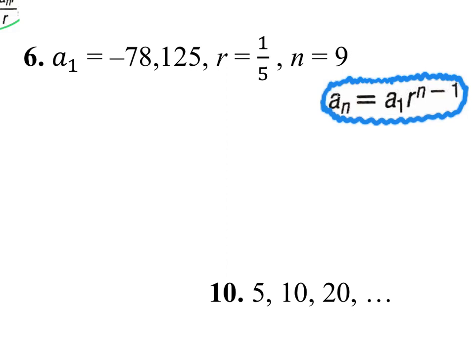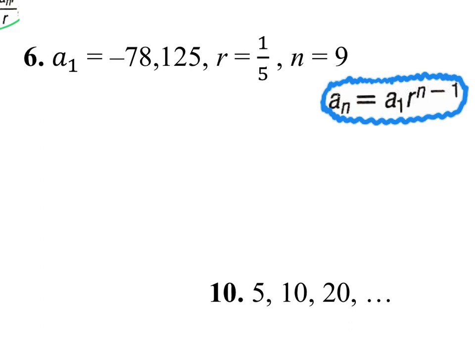Now that I think about it, they're giving us all this information. They're not really asking for the a sub nth rule. They're asking for the a sub nth term, which would be the last number on your list, that 9th number. So they want to know what number is the 9th number of the geometric list that begins with negative 78,125.